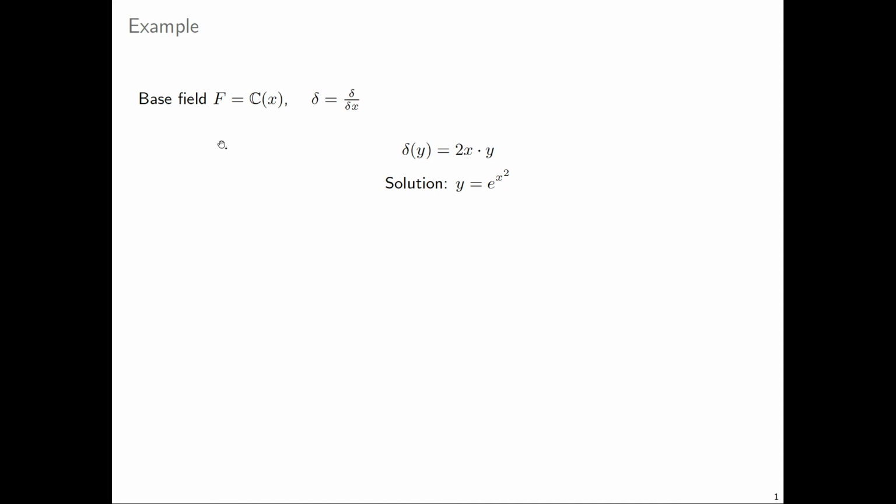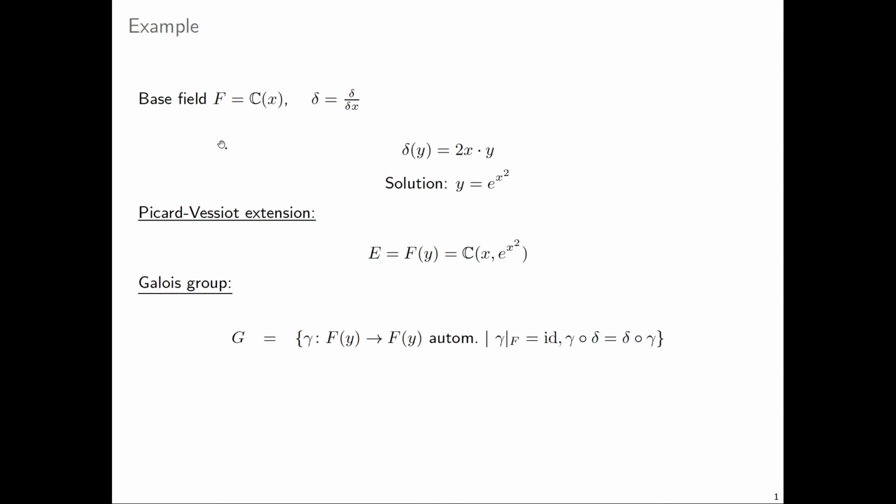And so let me first remind you what we would do in classical differential Galois theory. Here we would adjoin the solution to the base field, and that's the Picard-Vessiot extension. And then to define a differential Galois group, you have to look at the automorphisms of this extension that commute with the derivation.